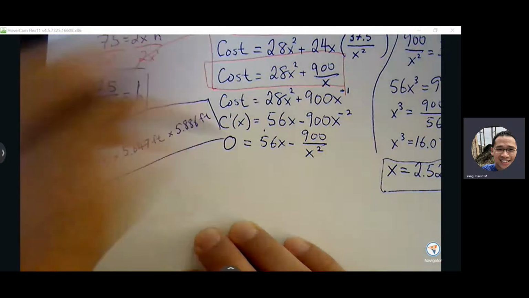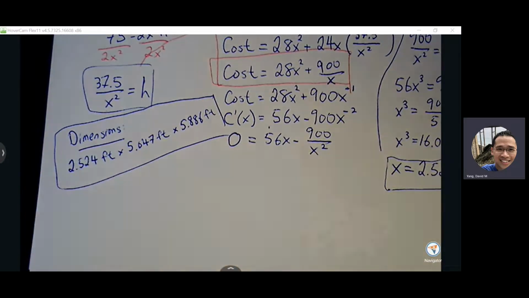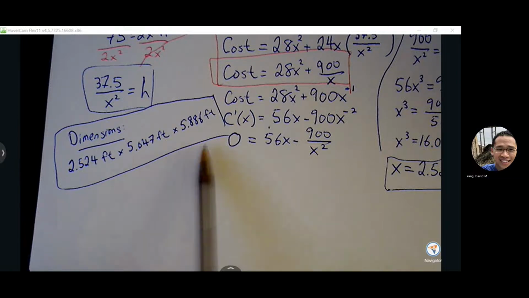Here are my dimensions. If I multiply this out, it should multiply out to be 75. Double check that. Really close, yeah.